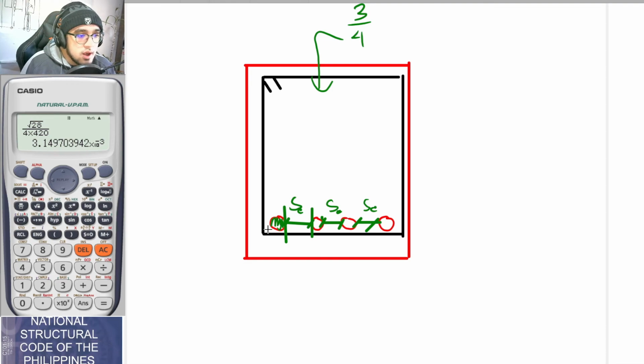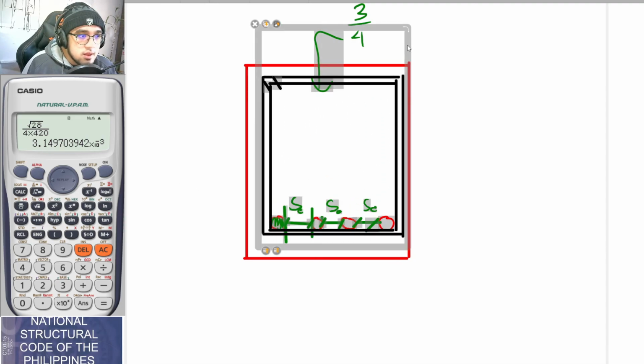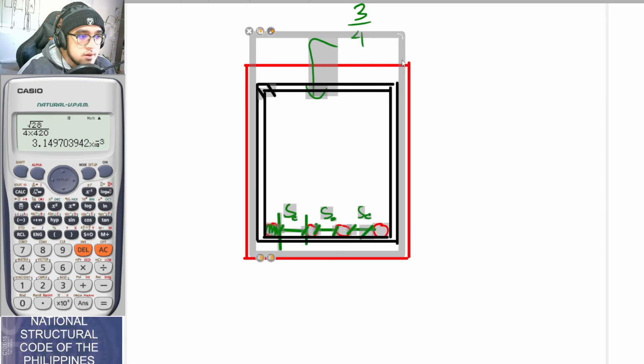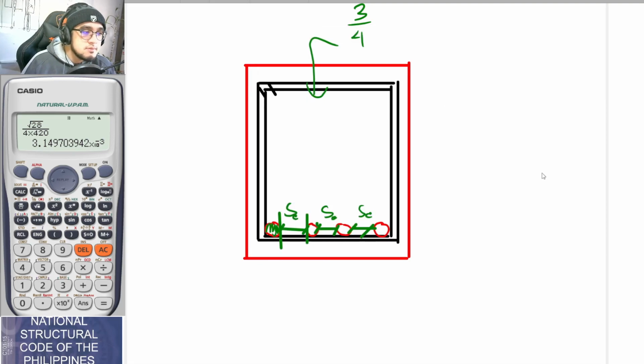Kunwari lang yan. So ito yung steel reinforcement natin ng shear. It would be having a certain diameter. Teka, ang pangit, ulitin natin. I would be relocating it here para pantay. Okay, so this is just for an example, guys.